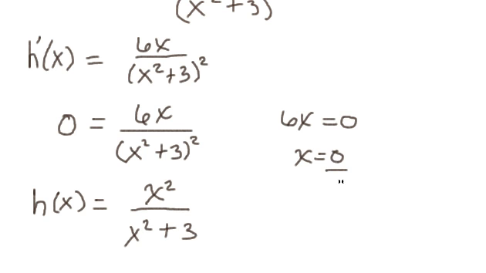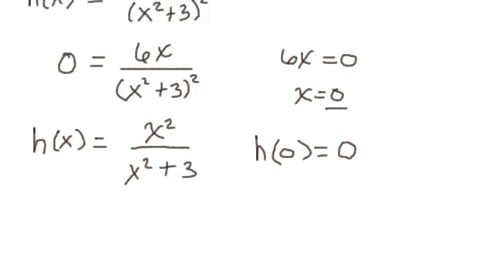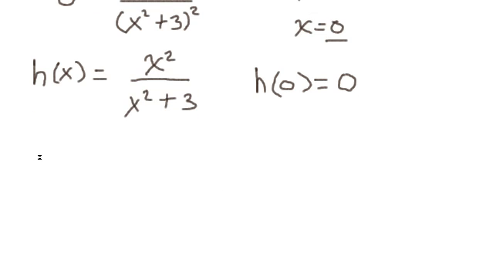So we're going to take this 0 and plug it in. So h of 0: if we plug that in we get 0 in the numerator, 3 in the denominator, so 0 over 3 is 0. Now we're going to plug in our endpoints. Our endpoints, if you remember, were -1 and 1.